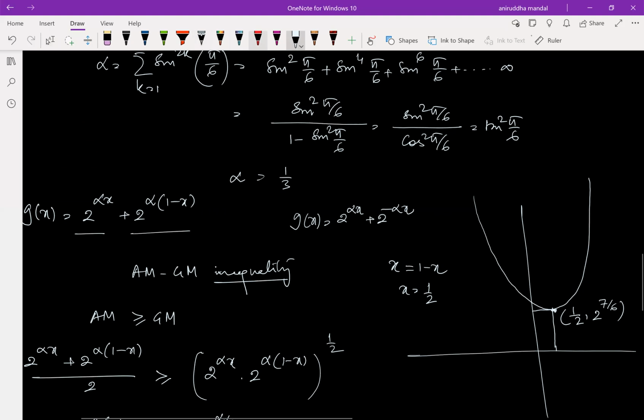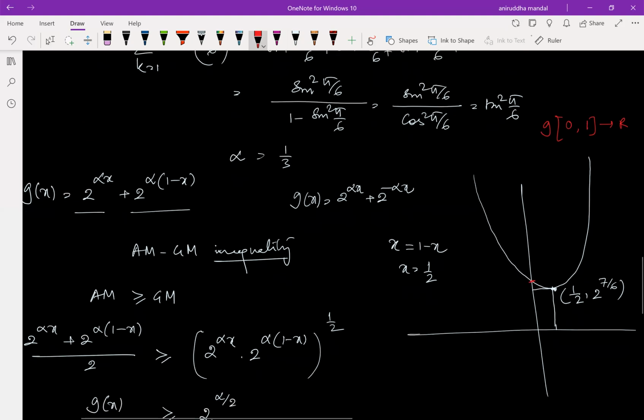What we are given here is that x goes from 0 to 1. So this is the 0 point. Now put x as 0. g(0) equals 2 to the power alpha into 0, that means 1, plus 2 to the power alpha into (1 minus 0), that is 2 to the power alpha.